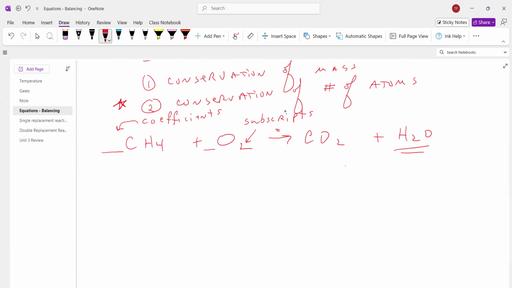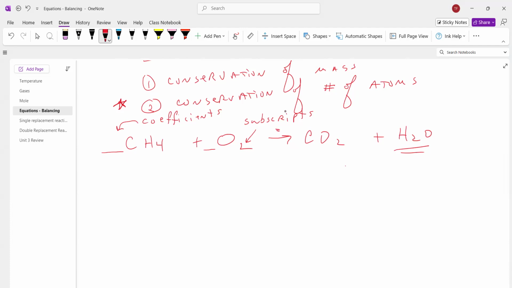The left side of the arrow are reactants, the right side of the arrow are products. Now, what's on the left, number-wise, has to be equal to what's on the right side.